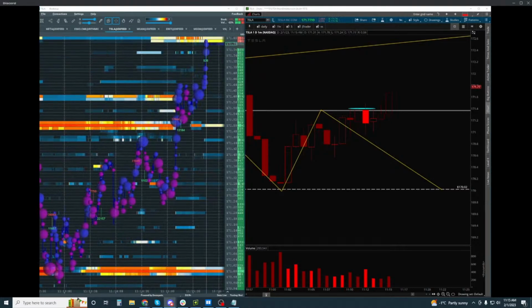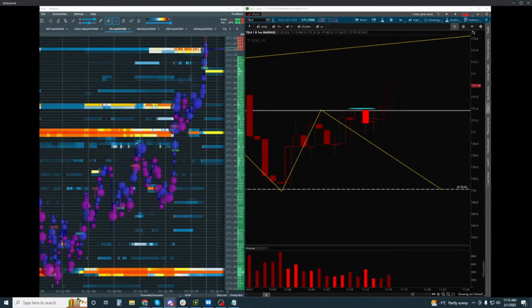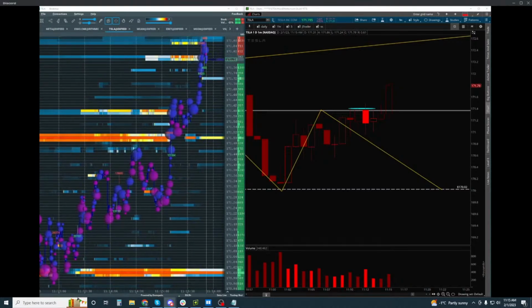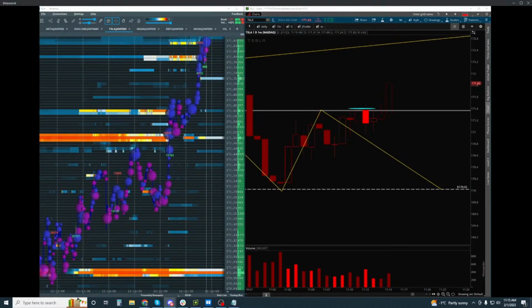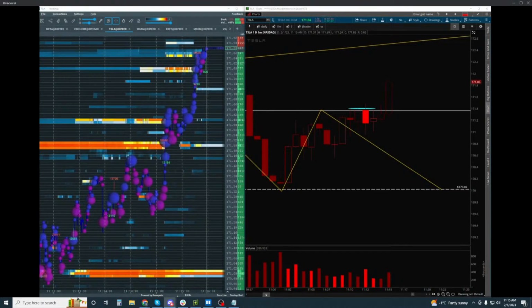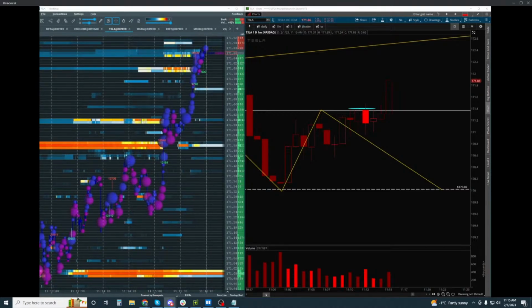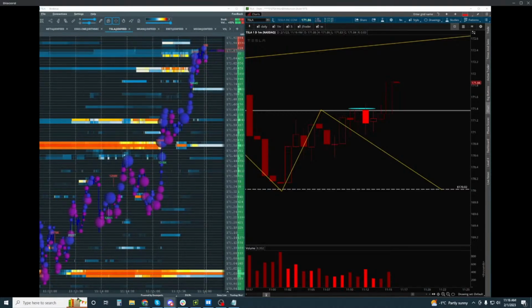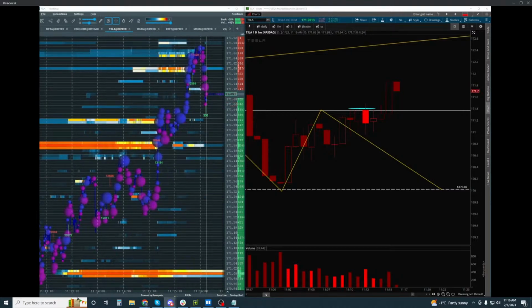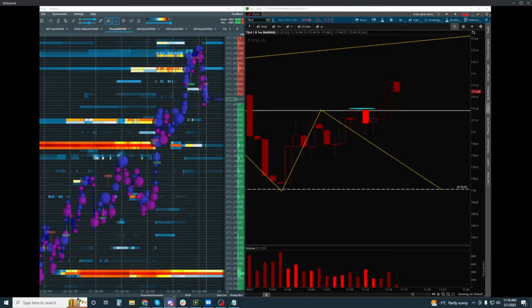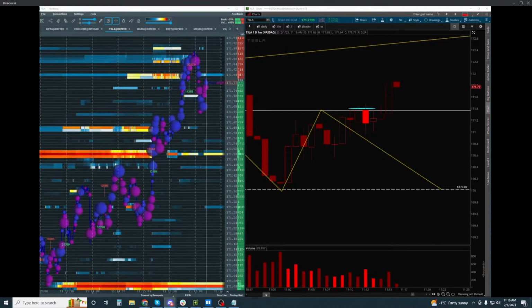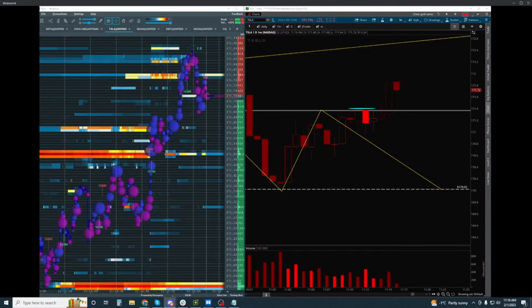Nice curl. Tesla got to the 171 and 90. Yes, 172 can get to the 175.